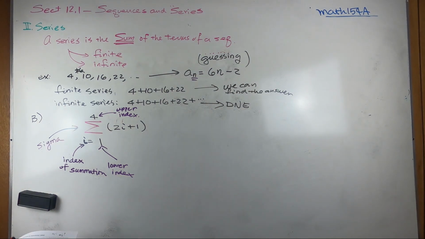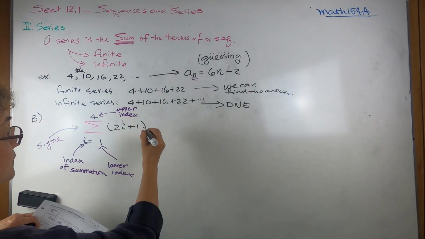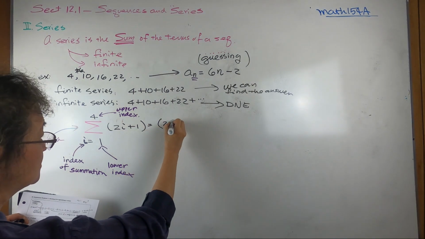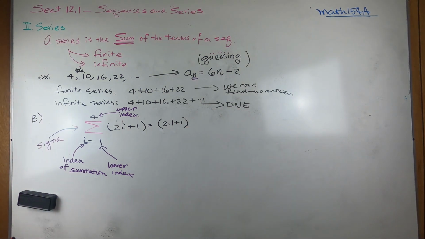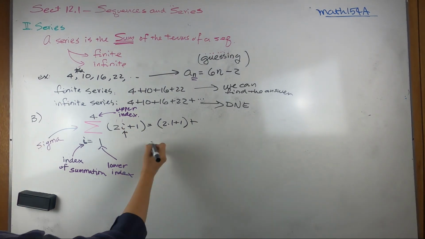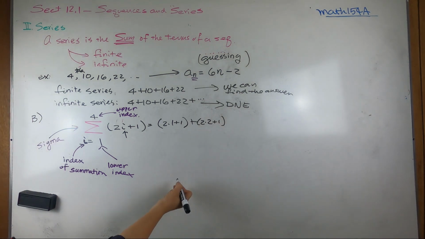So if you plug in i is 1, what do you have? i is 1 will be 2 times 1 plus 1, right? That will be your first term. Then the second term, i is 2. That will be 2 times 2 plus 1, right?